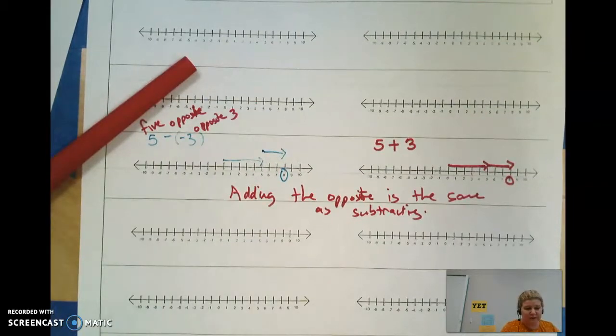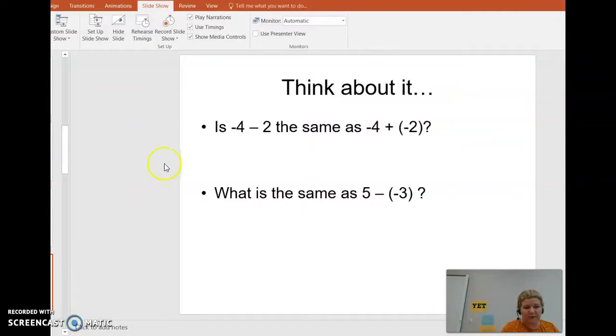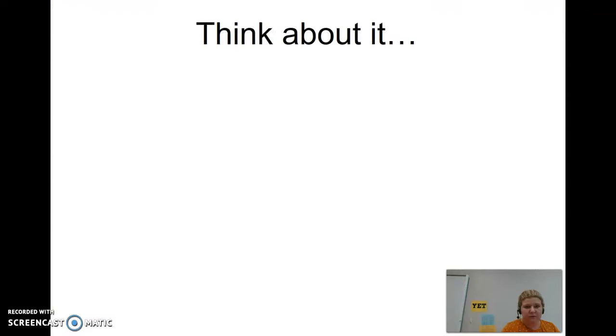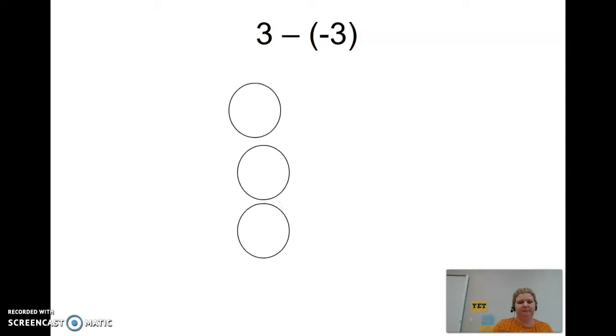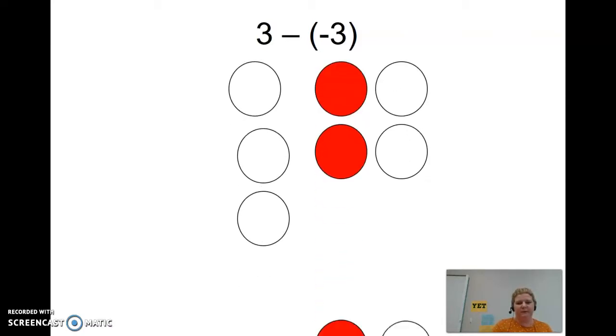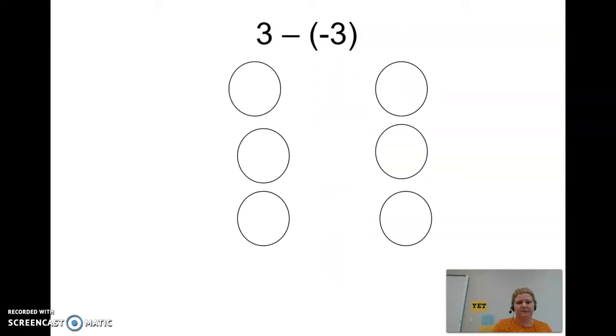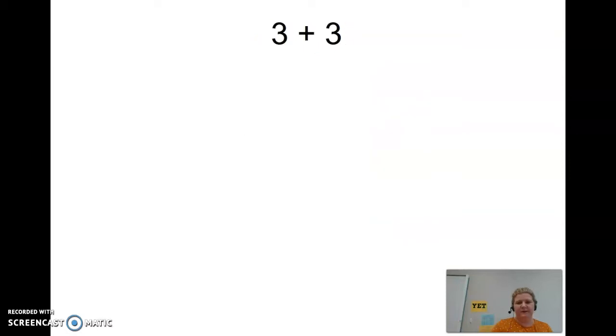So there's a few more questions I'm going to go through here. Okay, we've done these. Here's that model again. Okay, here's one. I'm going to pause for you to work that one out. Here's the model. Final answer, positive 6.